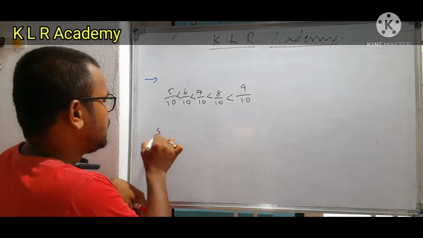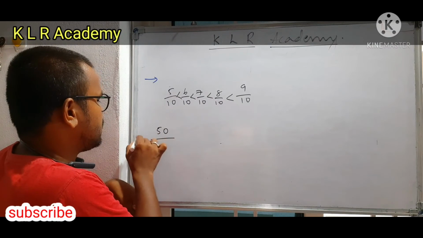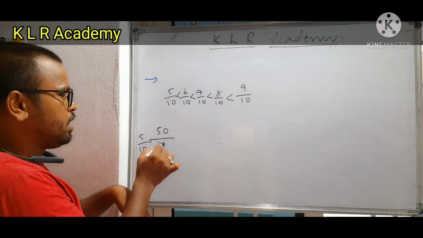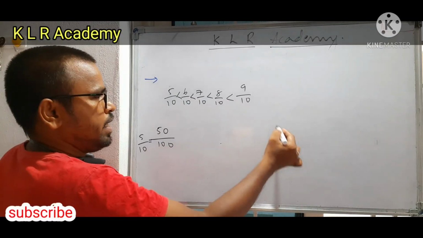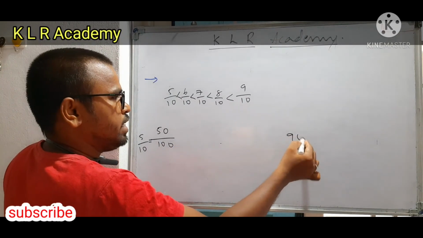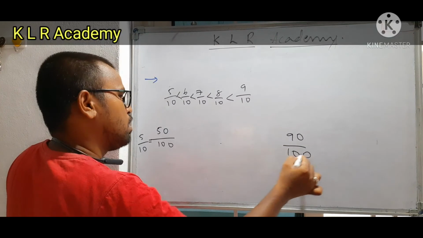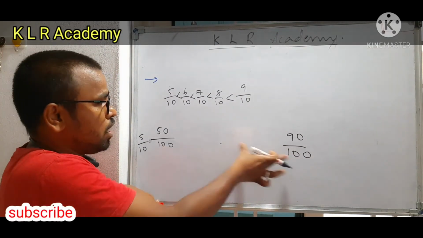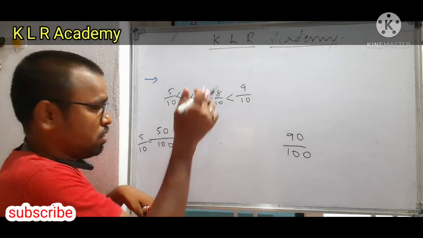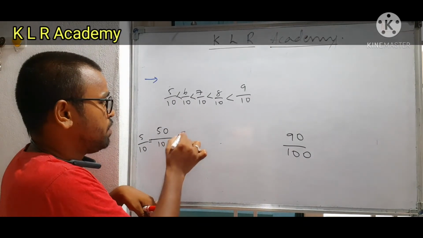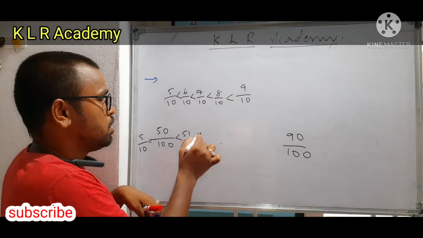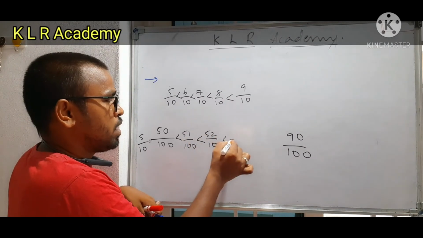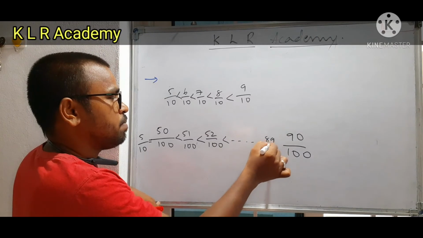If I take the equivalent fractions, 5/10 is 50/100 and 9/10 is 90/100. Now it is very easy to write rational numbers between 50 and 90: 51/100, 52/100, and so on, up to 89/100.